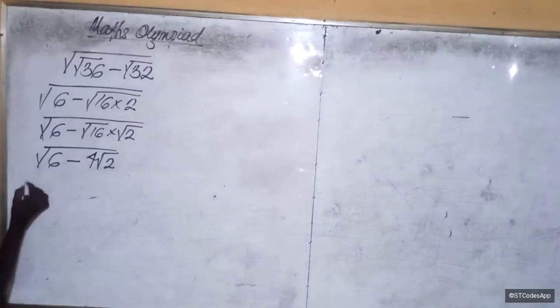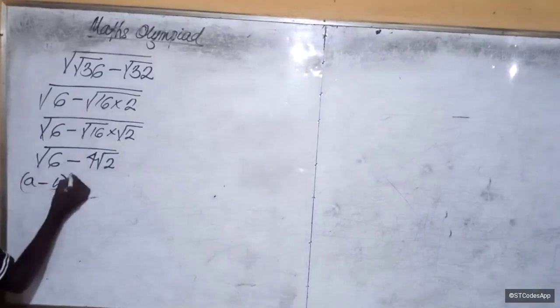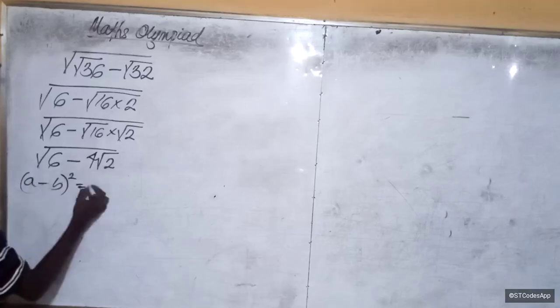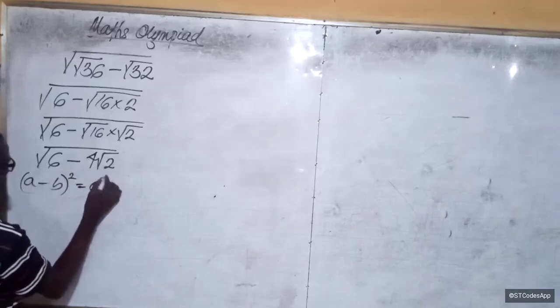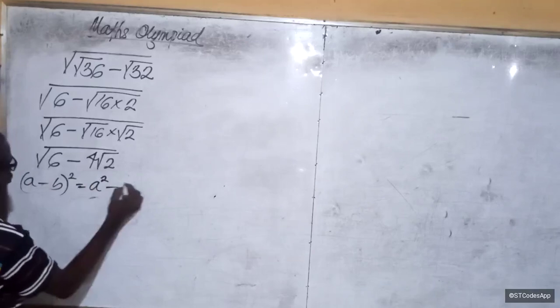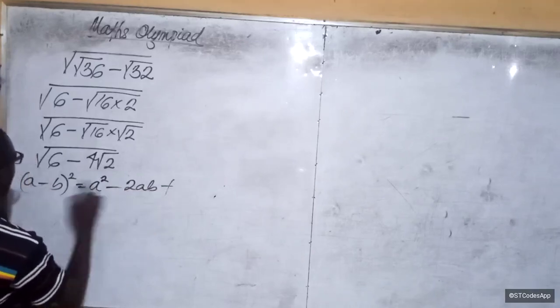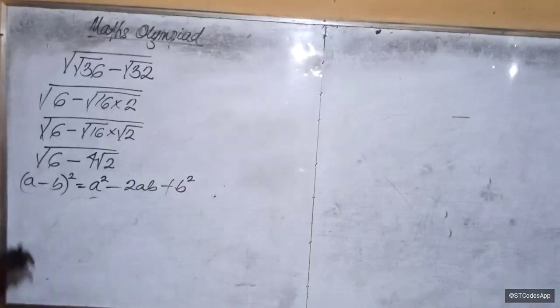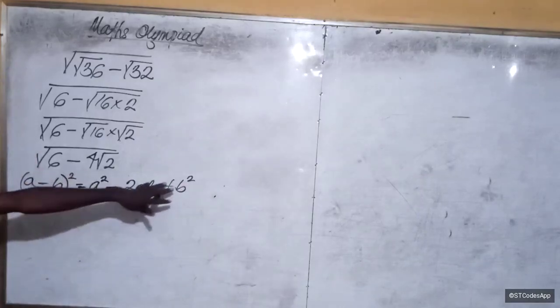You remember this identity in maths, the square of differences, not the difference of two squares: a minus b all squared gives a squared minus 2ab plus b squared. Remember this, right?